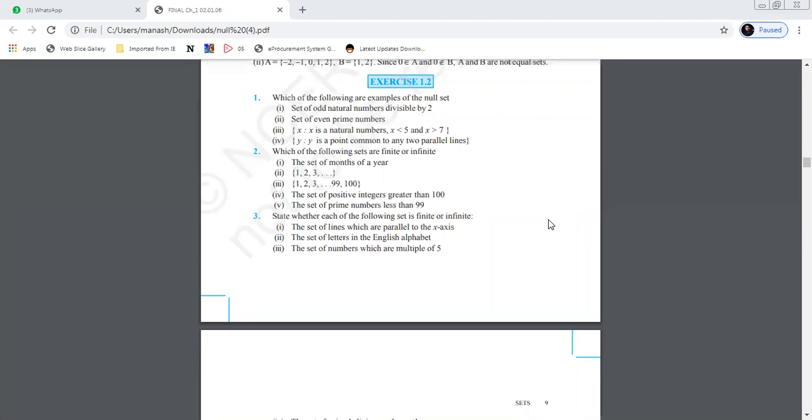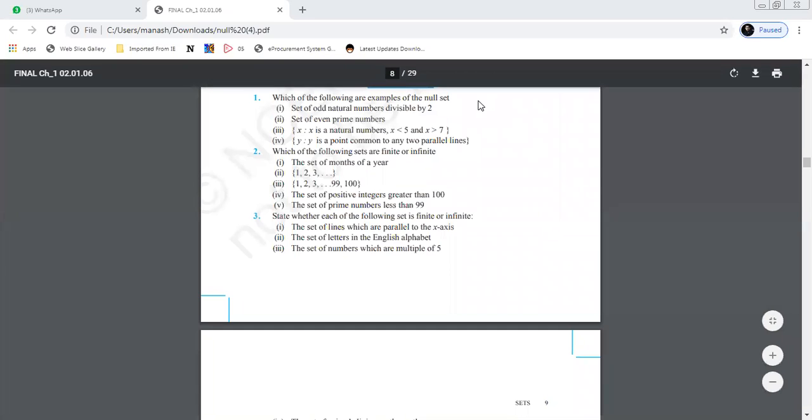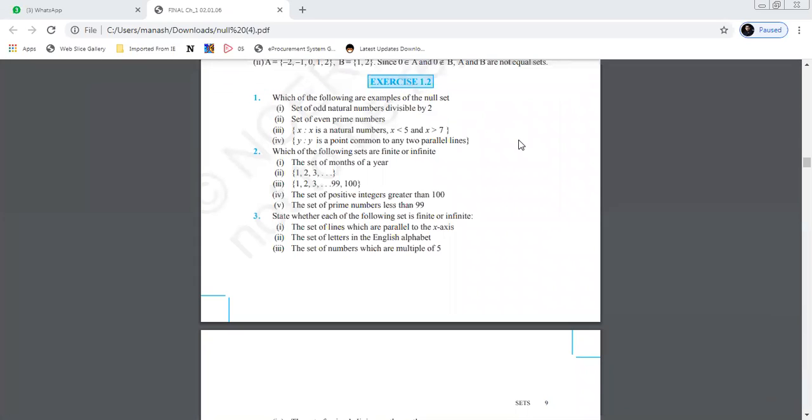Yes, it is 2, correct. You have to know what a prime number is. A prime number is a number whose only divisors are 1 and the number itself. Clear?